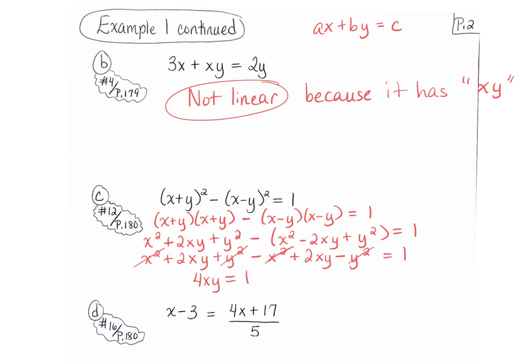But that's a problem because we have a product xy. We don't have products in our standard form. So the answer here is it's not linear, because our equation has the product xy in it.